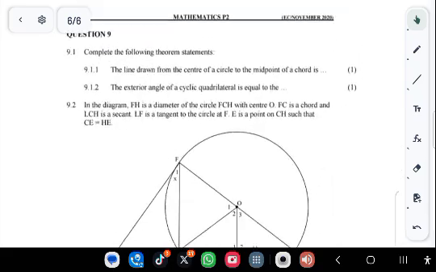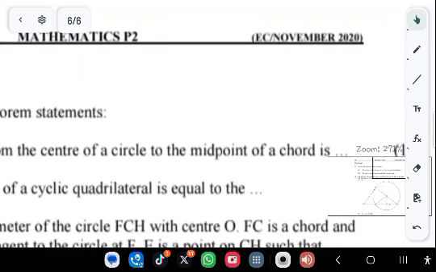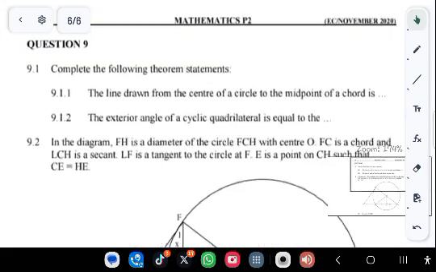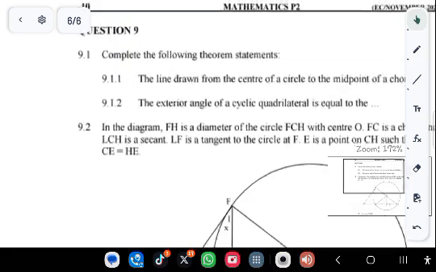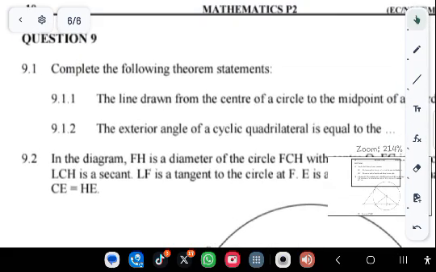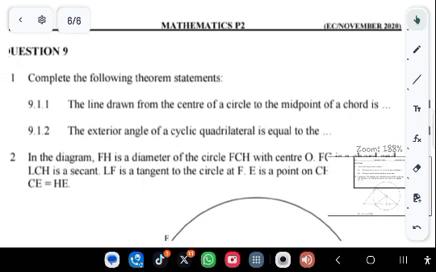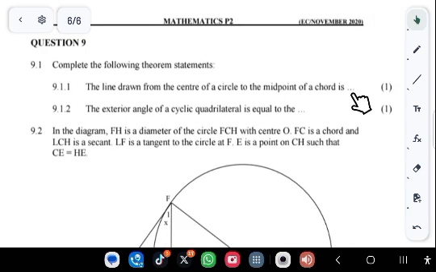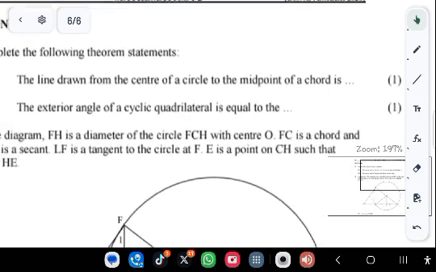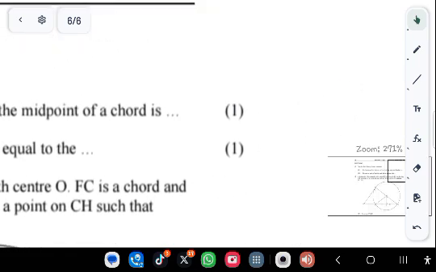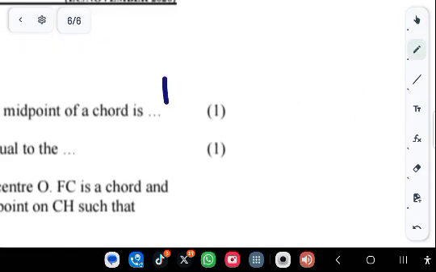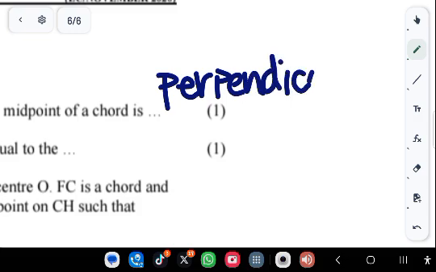Next example, this one is from the Eastern Cape, November 2020, paper 2. Question 9 says, complete the following theorem statements. The line drawn from the center of a circle to the midpoint of a chord is perpendicular to the chord. This is the theorem.